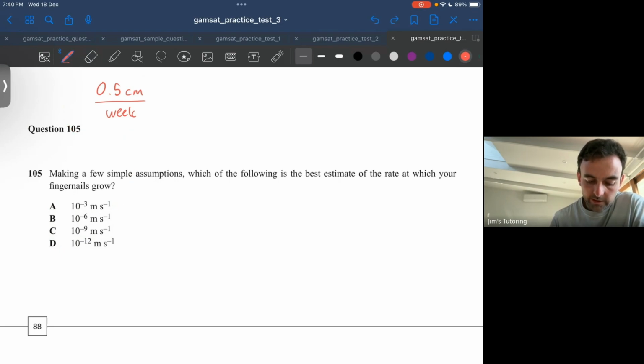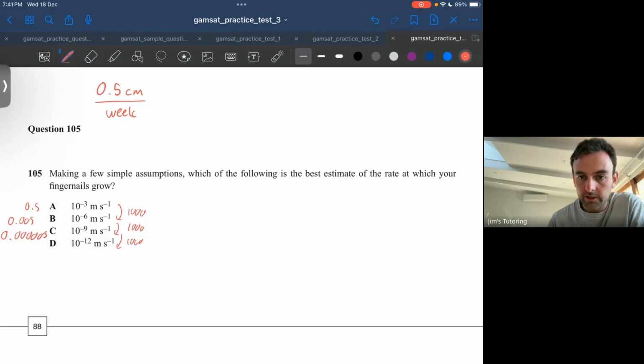And why it doesn't matter about this estimate is because if you look at these answers, they're all a factor of 1,000 apart from each other. Do you see that? Let's say the correct answer was 0.5 centimeter, and that corresponded to option A. Then option B is 0.005, C is 0.000005, and you get the idea.